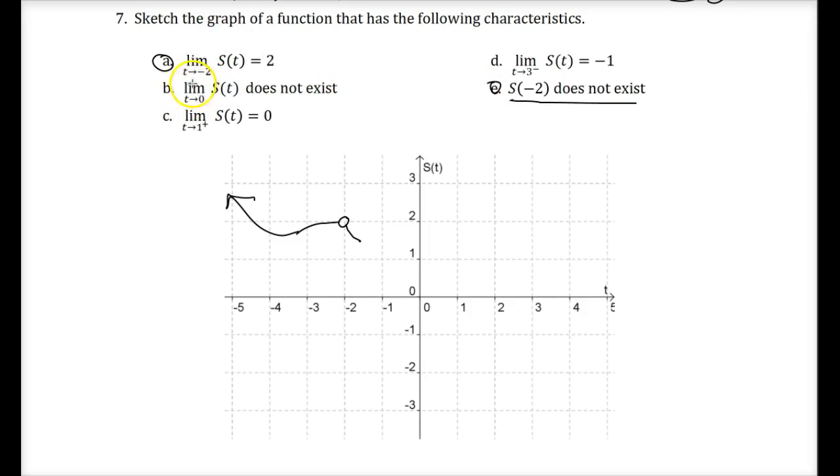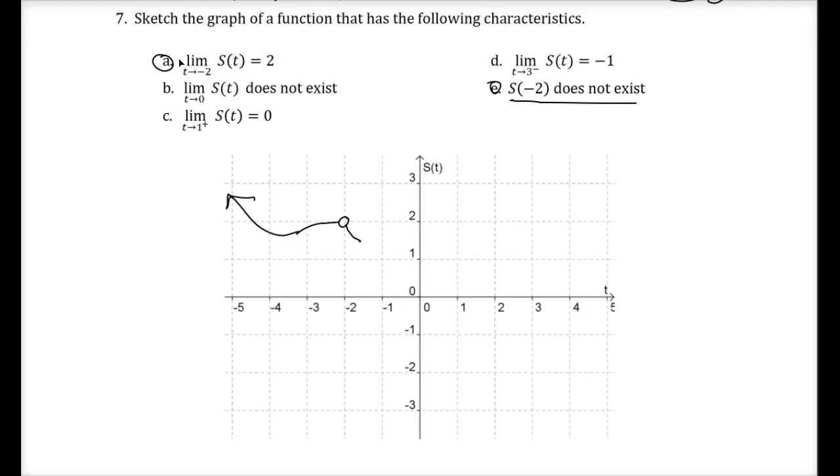Now let's go to B. B says that for our function s of t, the limit as t approaches 0 from both the left and the right does not exist. So what that means is that when we take the limit of this function at t equals 0, it will not equal a real number.